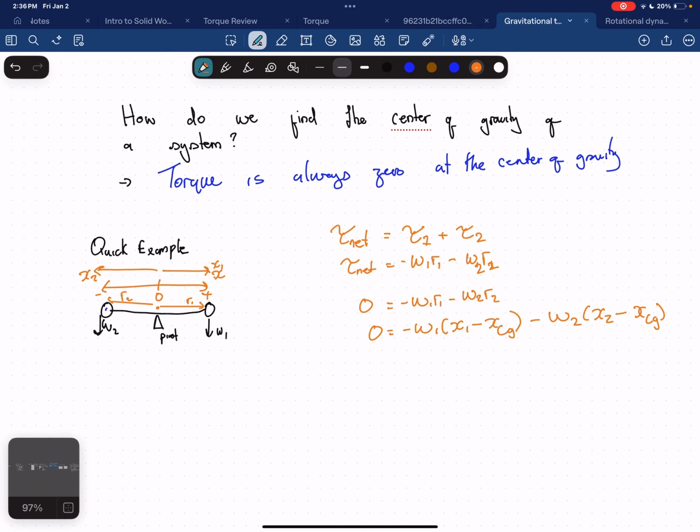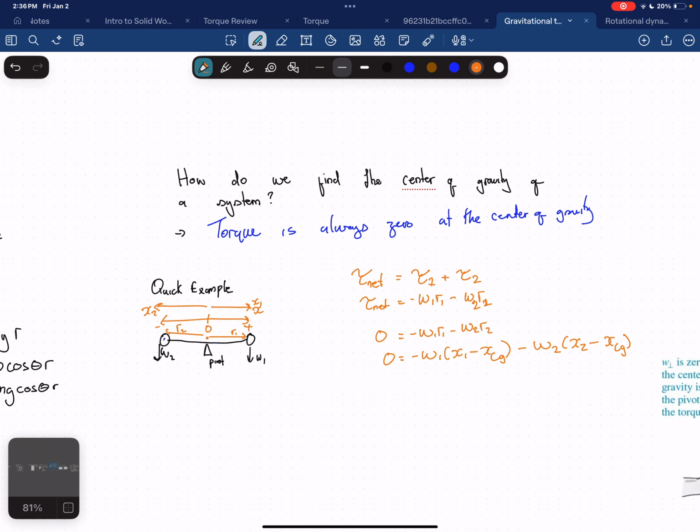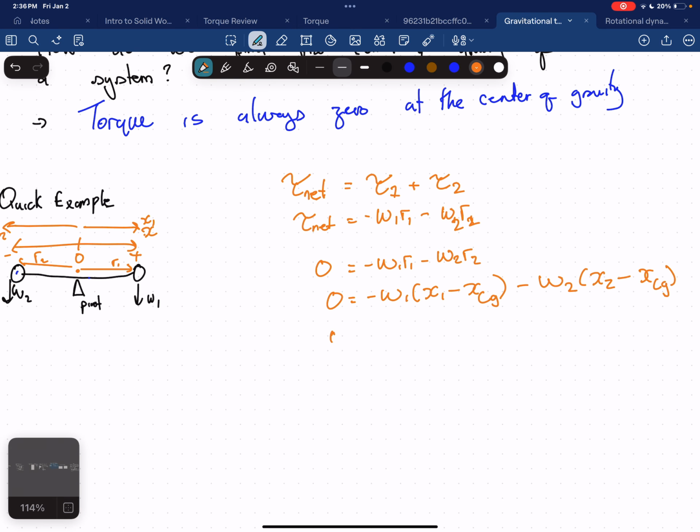All right. I can get rid of the negatives by dividing the whole system by -1. So I get 0 equals weight 1 x1 minus xCG plus weight 2 x2 minus xCG.